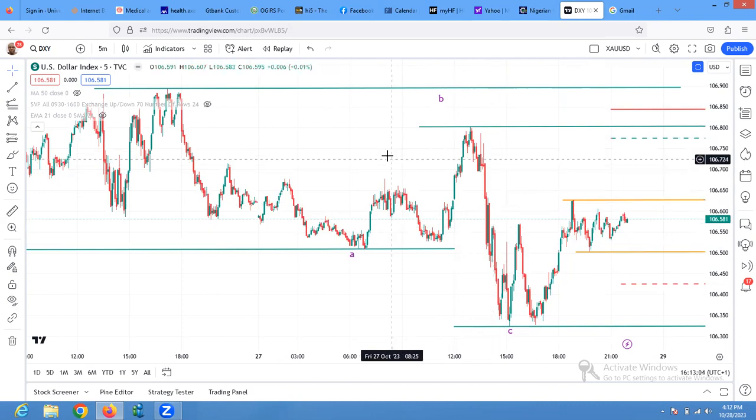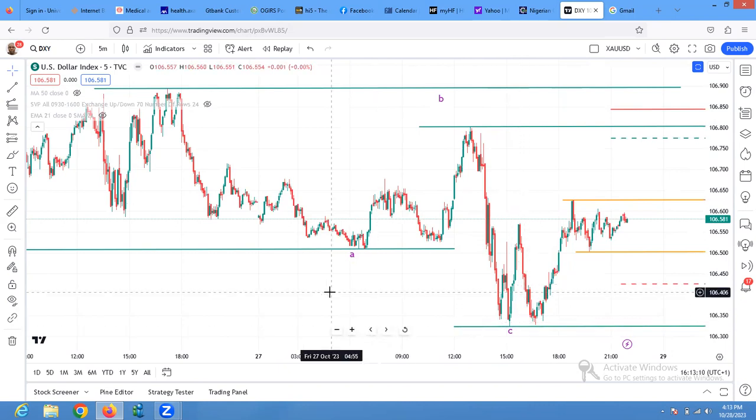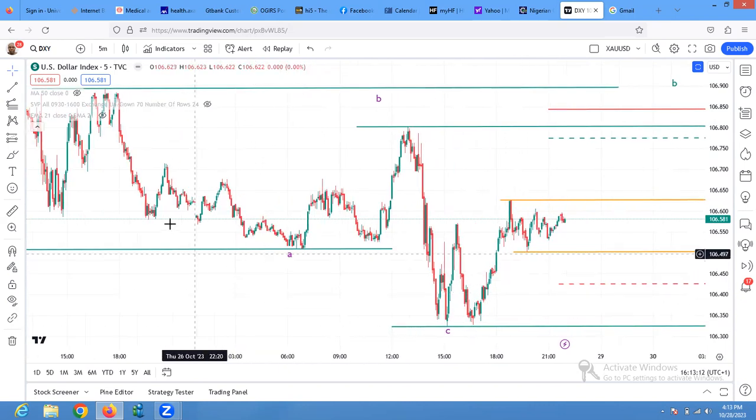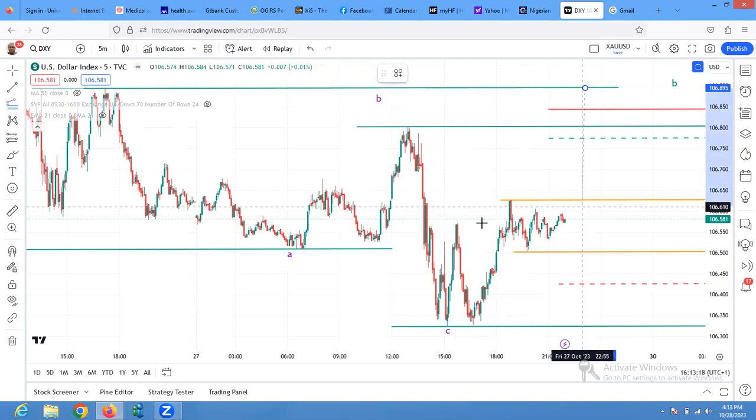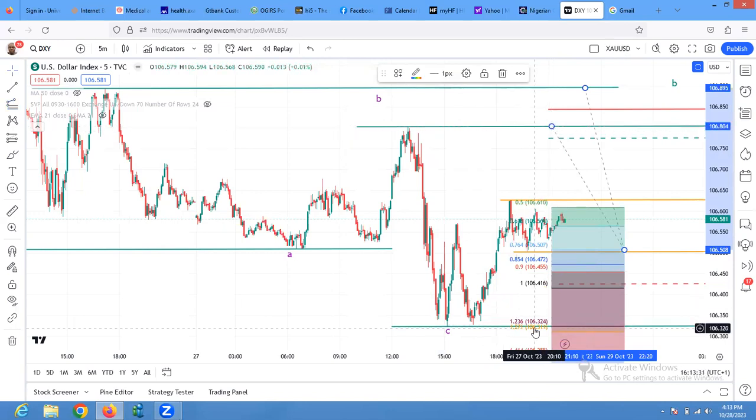Now looking at these 5 waves to the downside in terms of this as an A, B, and a C to finish A in the green, what extension again do we have? Because it might be, let's see, from here down to A here in the green line there, back to here. This is exactly 1, 2, 3.